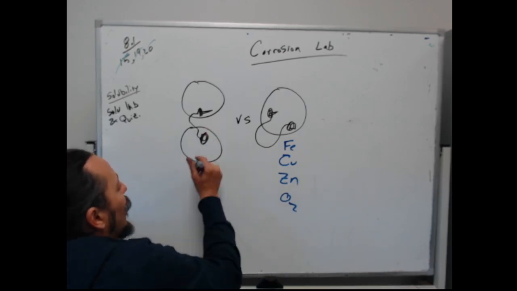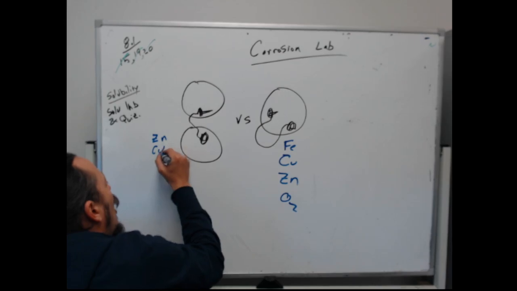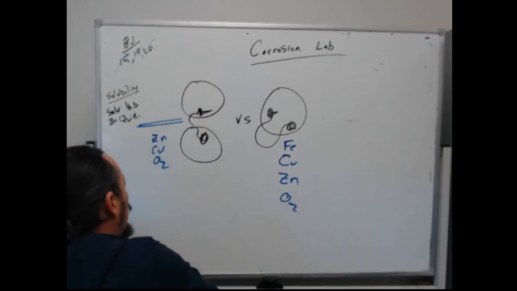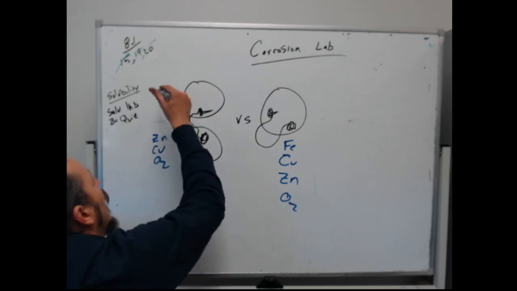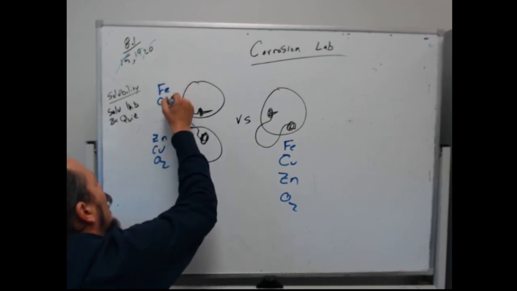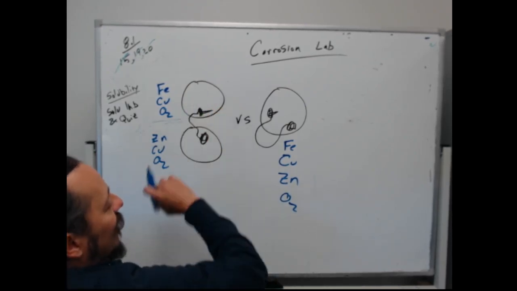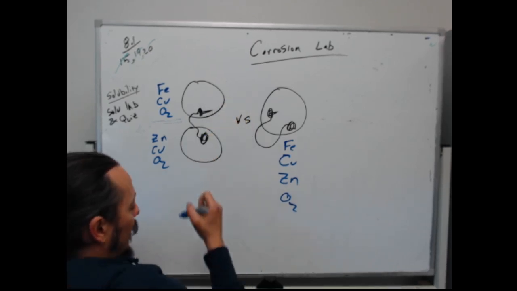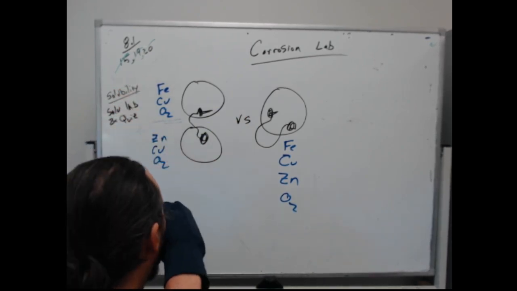Whereas over here, I've got zinc, copper, oxygen, and then no bridge. Then I've got this gap, and then iron, copper, oxygen. But since these aren't connected to each other, it's really this thing versus that thing. So I end up with two separate systems there.